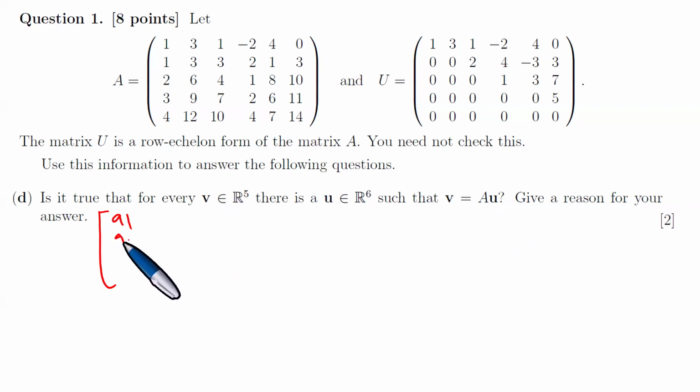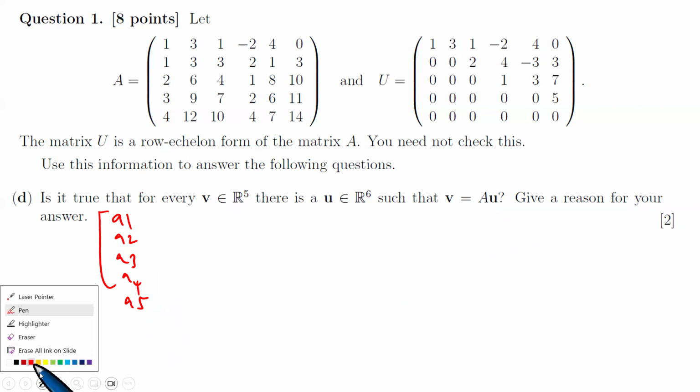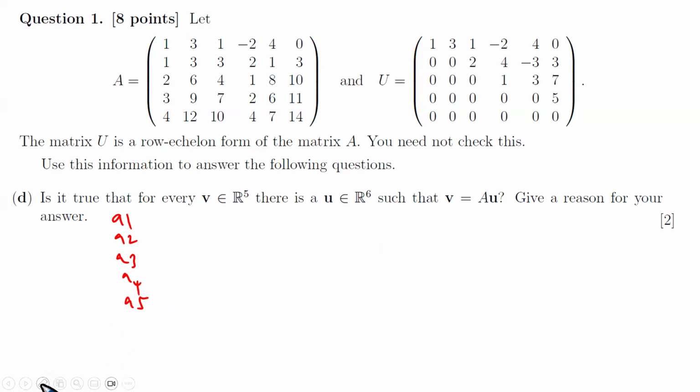So it is A1, A2, up to A5. So that is one way of writing it. Well, we can write it as a row vector as well. All right, so this is how we can write V.